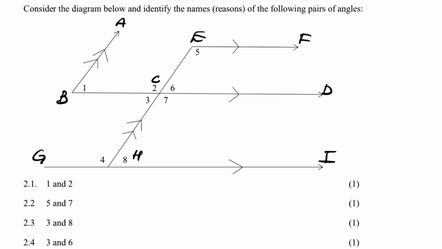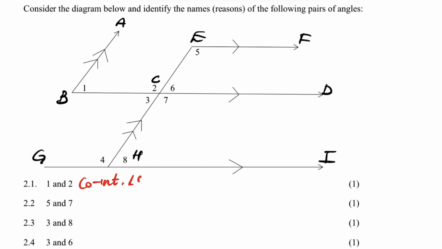Okay, let's look at number one. It says 1 and 2, and we have to give the reason. What's happening between 1 and 2? These angles are between the two parallel lines, so we call them co-interior angles.